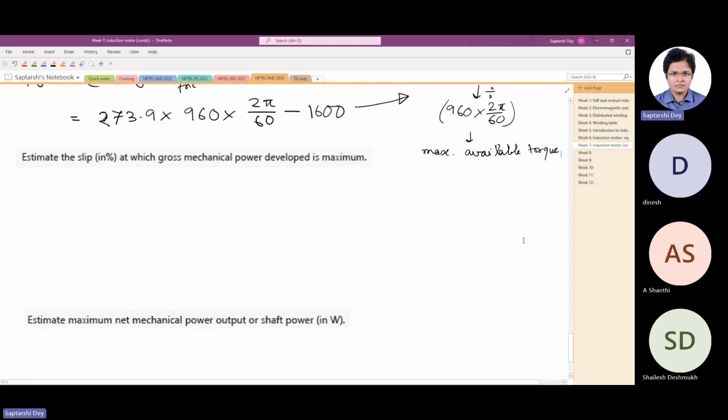Now the next question is estimate the slip in percentage at which the gross mechanical power developed is maximum.